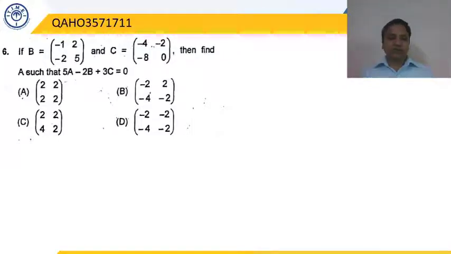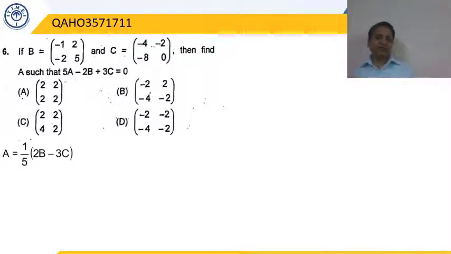And he has given 4 choices, out of which one should be there. Now how do we solve this? We take 5A on the left hand side, and take the remaining on the right hand side. Minus 2B becomes positive, and 3C, which is positive on the left side, when it moves to the right hand side becomes negative. So can you say 5A is equal to 2B minus 3C?